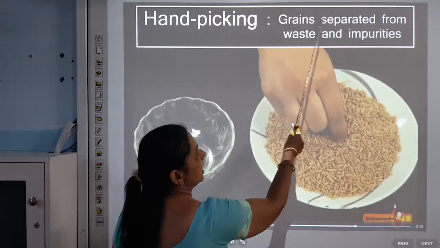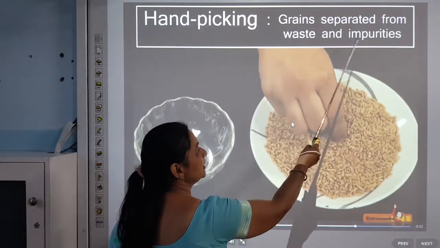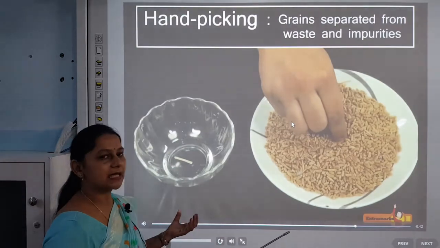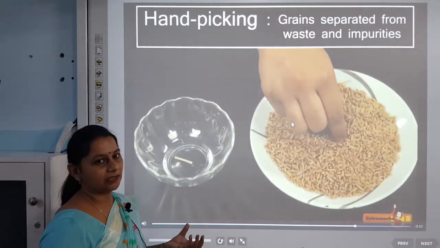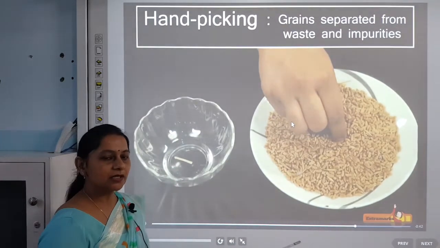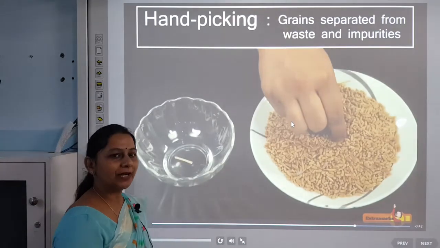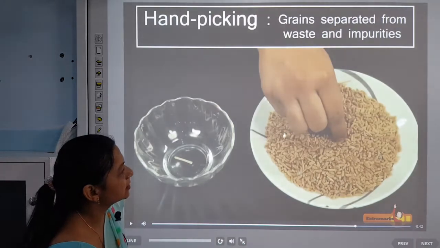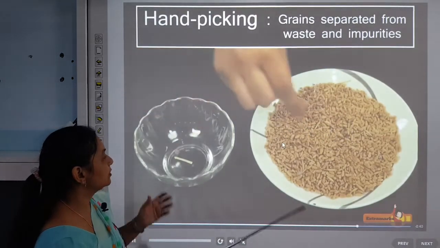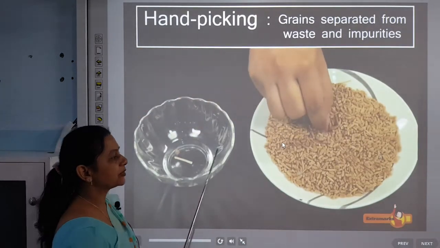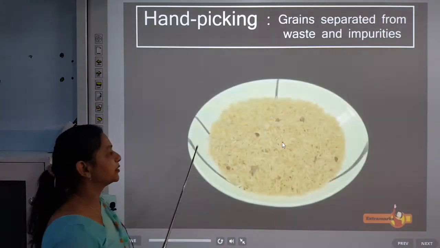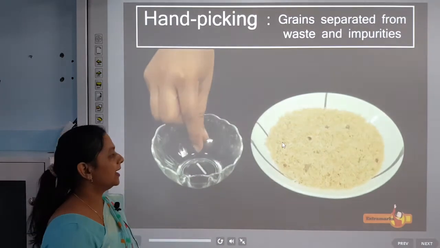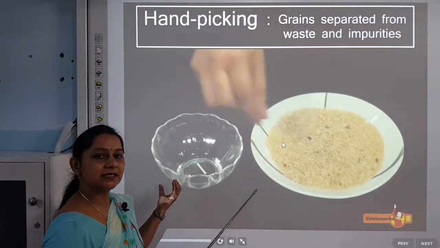So, grains are separated from waste and impurities, and this process is done when the impurities are small in quantity. They are less in quantity, so we are easily able to separate the impurities from the grains. Like you can see here, small stones or small stalks which are present in the grains are separated simply by picking them up by hand and separating them away.